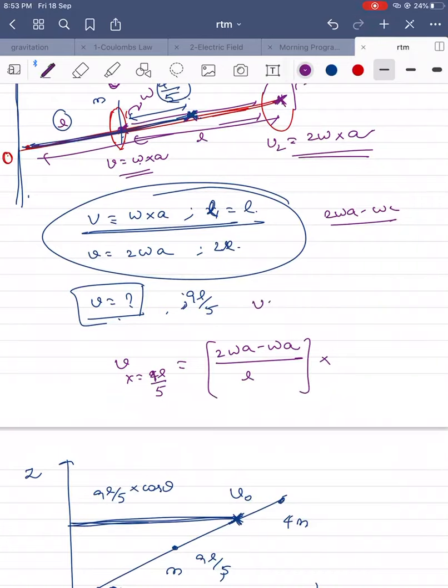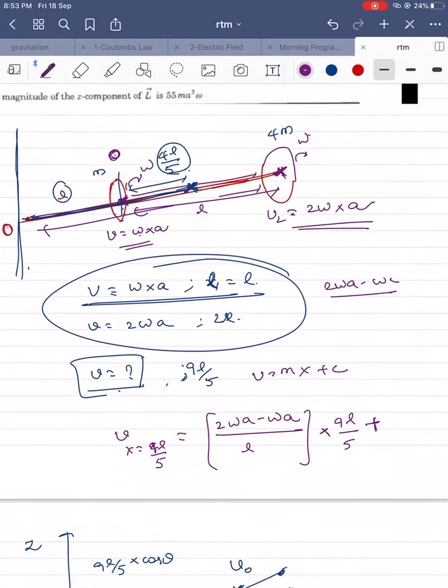So v is equal to mx plus c. x is nothing but the distance, 9L by 5, plus c. So at x equal to L by 5, the velocity is given as, or if I consider 4L by 5, it will be easy for me, it is equal to omega into a.